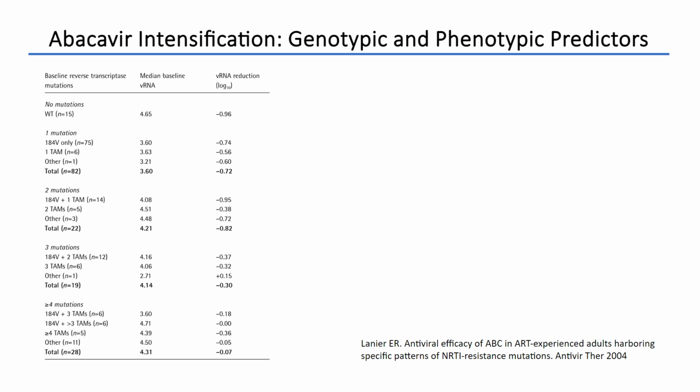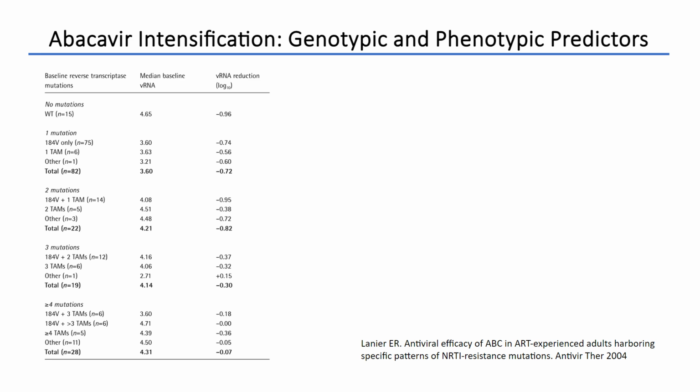Much of what we know about the clinical significance of NRTI drug resistance mutations on abacavir activity also comes from a 2004 publication. The table summarizes the results of a combined analysis of 5 multi-center trials in which abacavir was added as a single agent to background antiretroviral therapy in treated patients with ongoing virus replication.